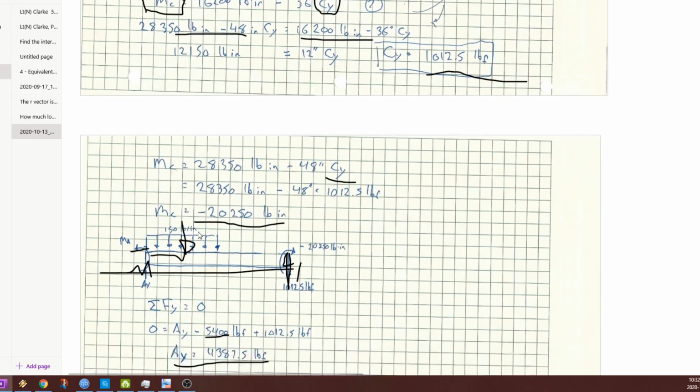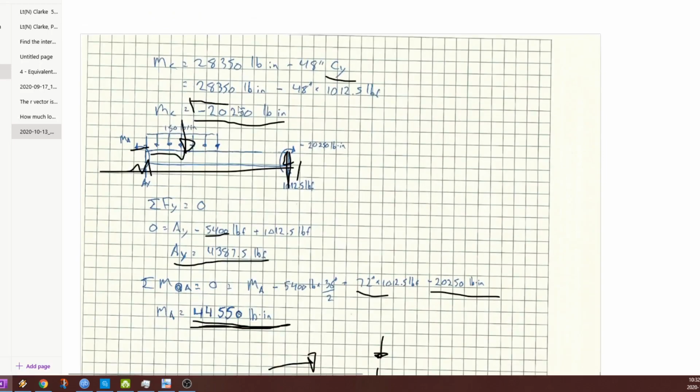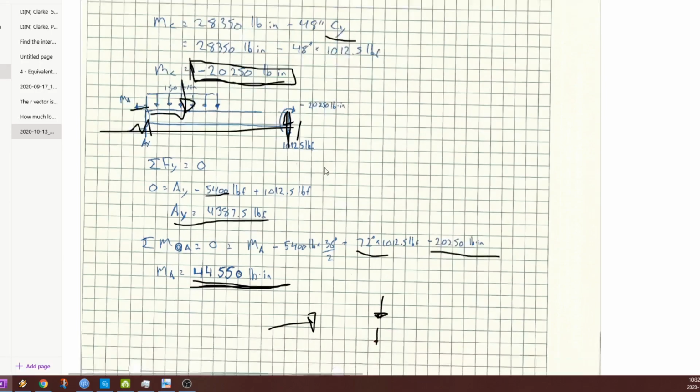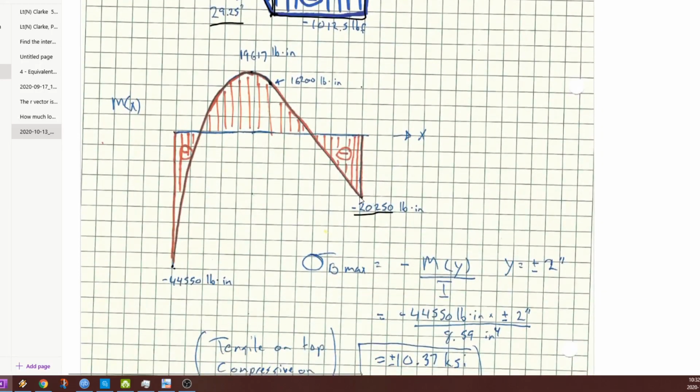Hit our reaction there. So again, that's a negative reaction. That's a negative point load. So again, when we're going from left to right, we subtract any moment point loads.